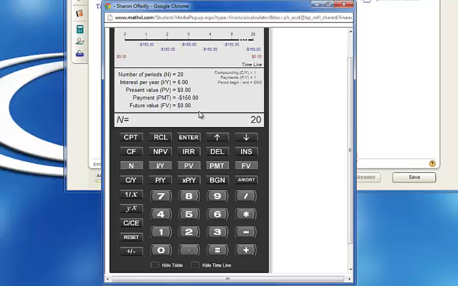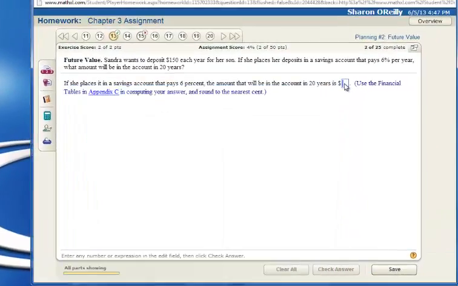I can check my display here to see that everything is right. If I want to start over, I can click on clear. But I'm ready to go, so I will click on CPT, which is compute, and then future value. And I get 5517.